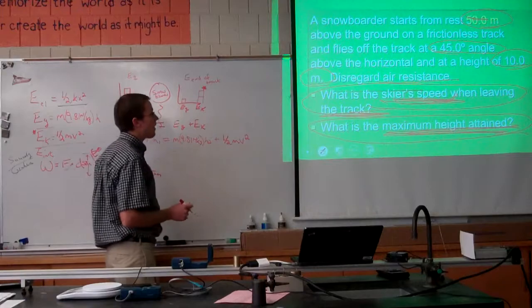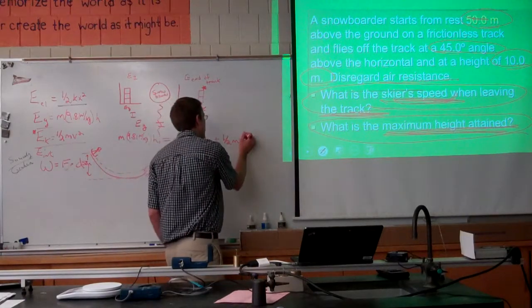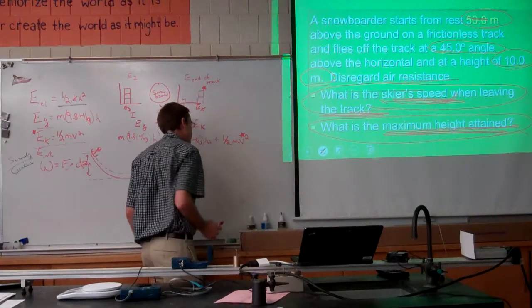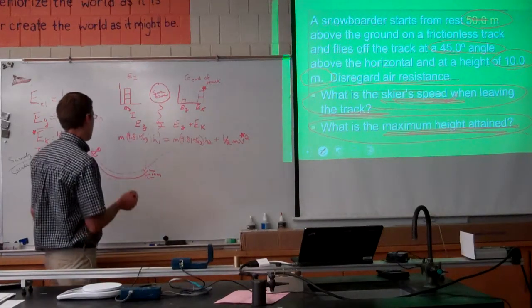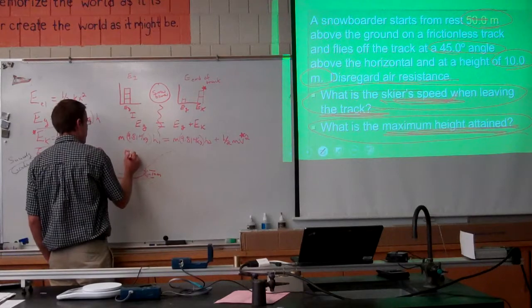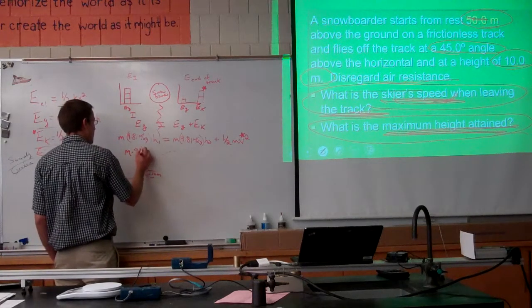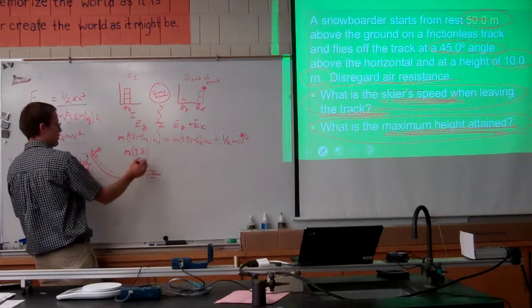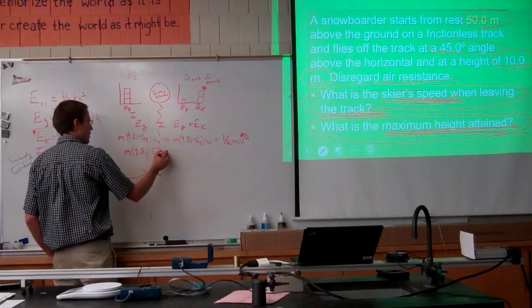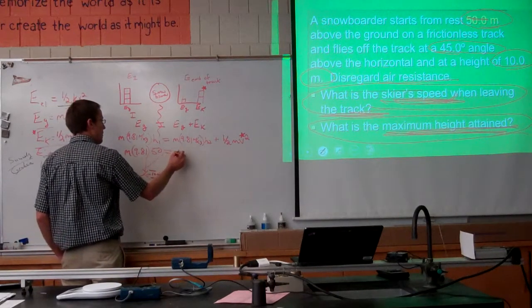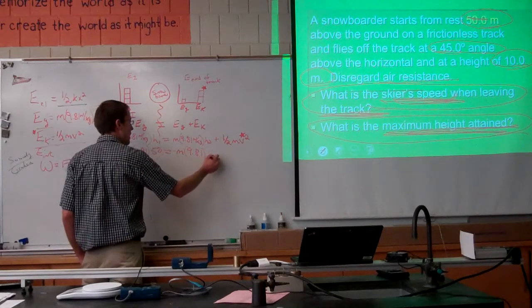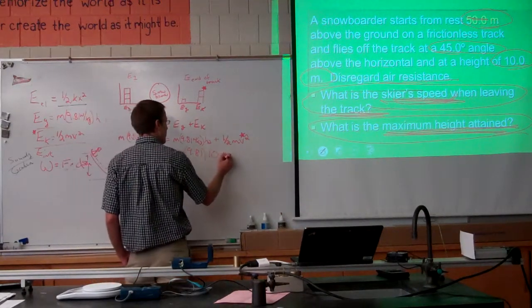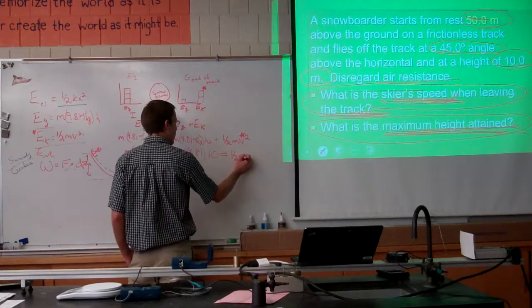Again, we're trying to find that speed. Now we can plug in our numbers: M times 9.81 times my height, which is 50, equals M times 9.81 times 10, plus that 1/2 mv squared.